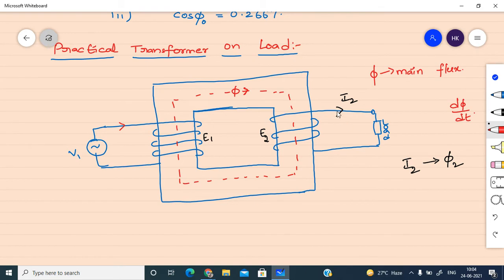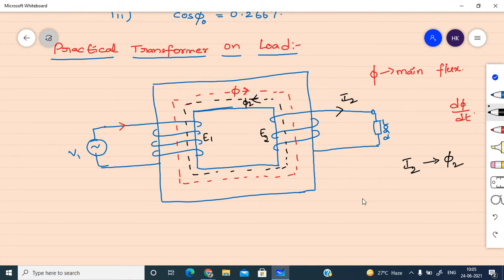Now the flux produced due to this current is flowing in the core, and that is in the opposite direction to the main flux. This is your phi 2. This is main flux phi and this is phi 2.